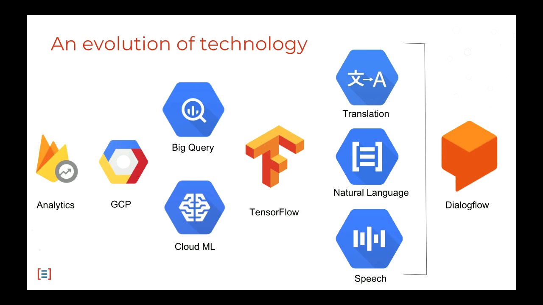You can deploy cloud projects very easily, and it's cheaper than it used to be. You have machine learning, of course, and deep learning with TensorFlow, and all the APIs about speech that Google gives us, like translation, natural language, and speech. And with all these technologies, Google developed a platform named Dialogflow, which helps us build a conversational interface.